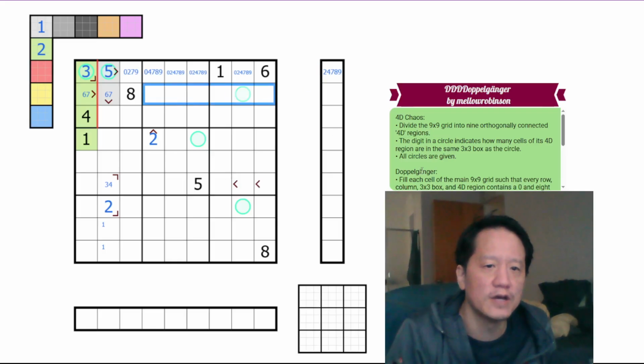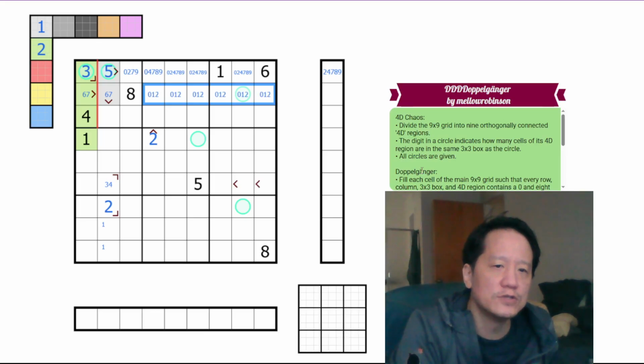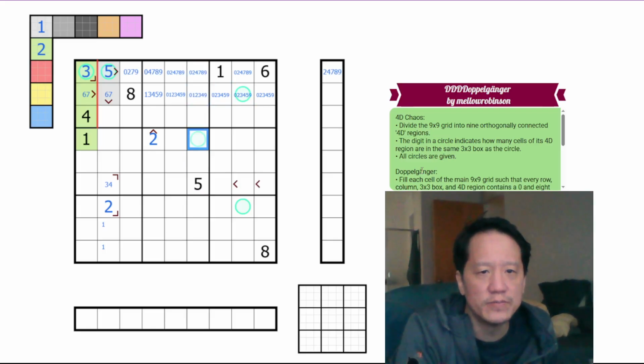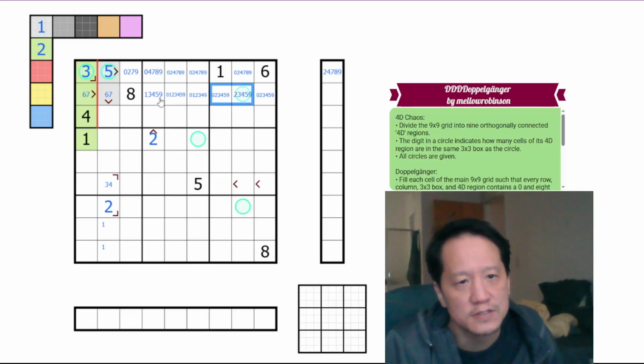Row 2, we have 0, 1, 2, 3, 4, 5, and 9. This can't be 0 because this is the digit missing from a region. It cannot be 2. No 1s here. This can't be 5 because of 5 in the column. And this can't be 0 because you can't have 0 digits as a set.